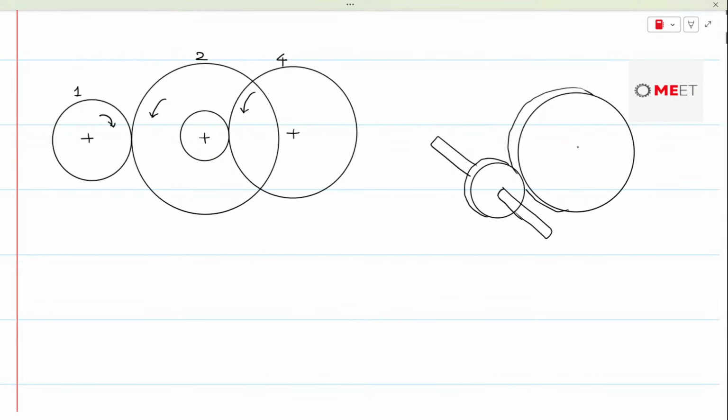And in front of 2 I will draw gear number 3, which is the smaller one. Please try to understand, this is a rough sketch.